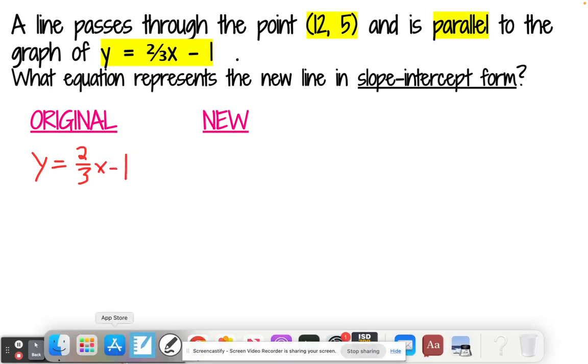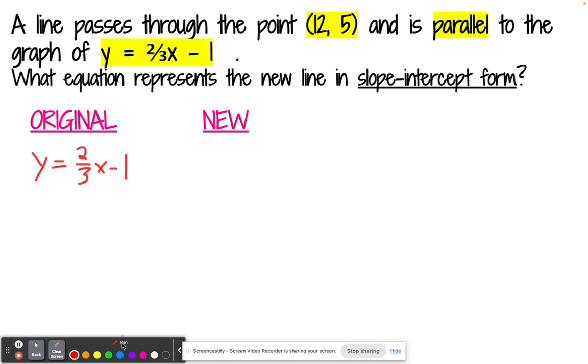Since I started with my slope-intercept form last time, let's go with point slope. Y minus, my y value is 5, equals 2/3, that's my slope, times x minus 12.